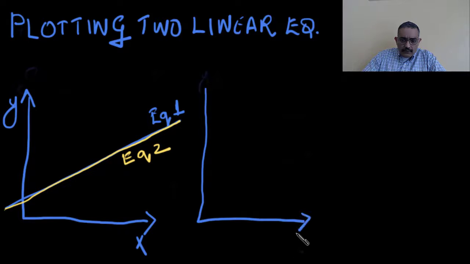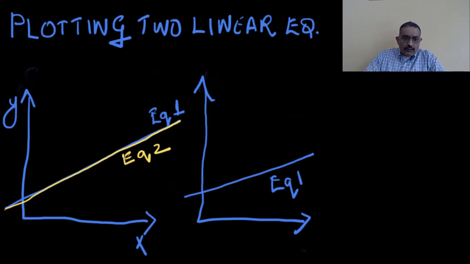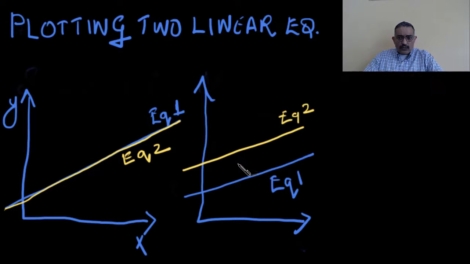The second possibility is that they are two parallel lines. Let me show you. This is, let's say, equation 1, and let's say this is equation 2. So they are far apart by the same distance everywhere, and therefore they are running in parallel.